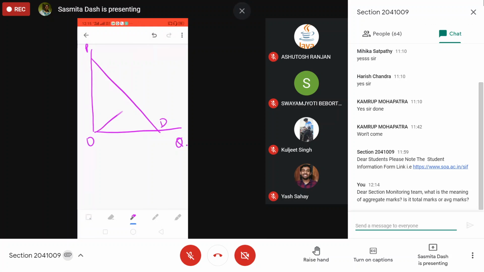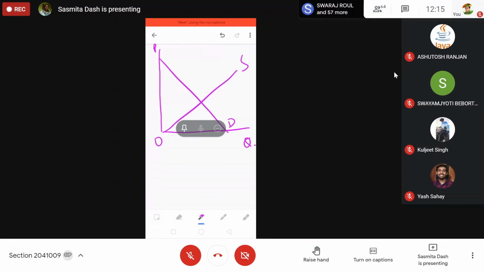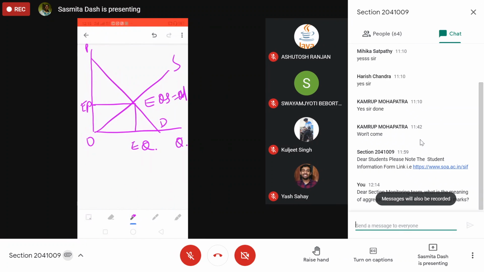Let's say this is the supply curve. Supply starts from here. At equilibrium, this is the equilibrium price and this is the equilibrium quantity. At equilibrium, quantity demanded is equal to quantity supplied.